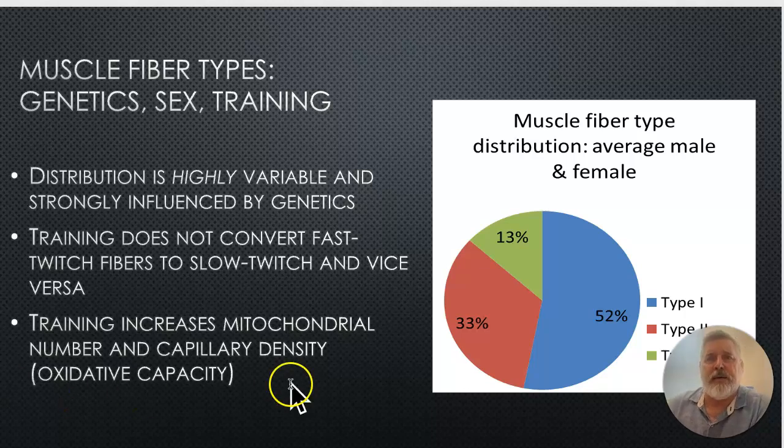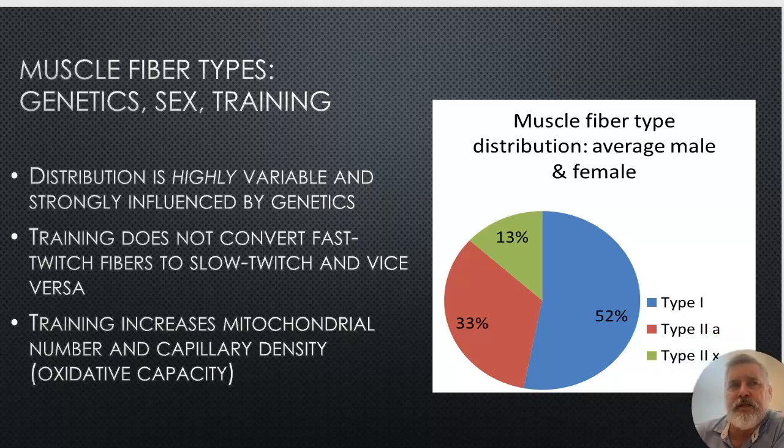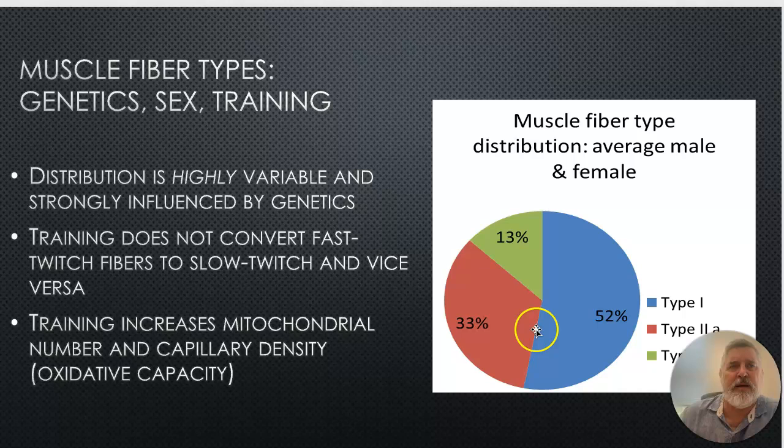So if you look at type 1, type 2X by gender, we have muscle fiber type distribution, average male and female. Type 1 is 52%, and then type 2X is 13%, and the balance is 33%, which is type 2A.